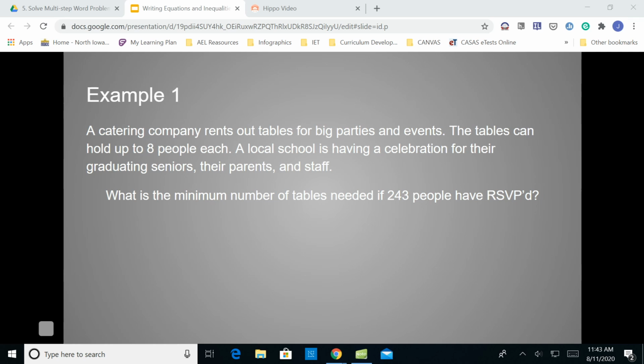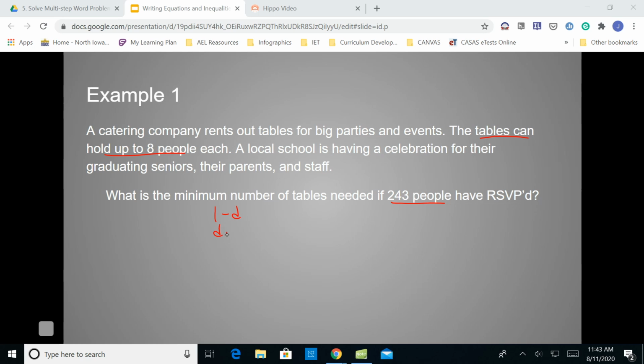Like I said, I look at the number of dimensions and units all at the same time. So I have tables holding 8 people and 243 people. None of those terms are squared or cubed. I'm going to assume that these are one-dimensional units.